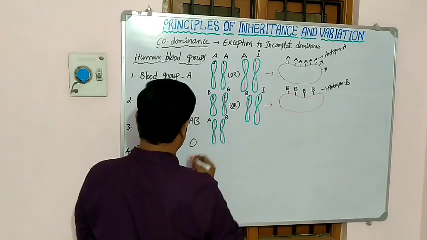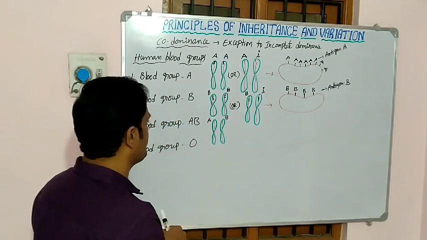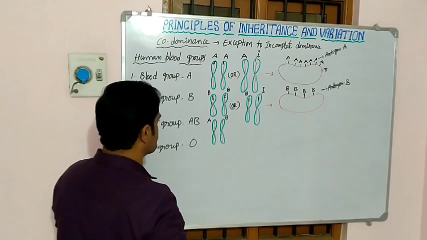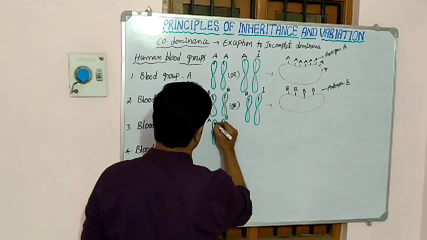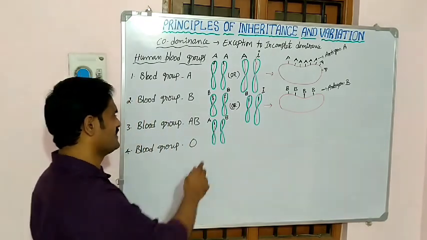A part of DNA we call a gene, and this gene consists of the alleles. Which kind of alleles are present here?